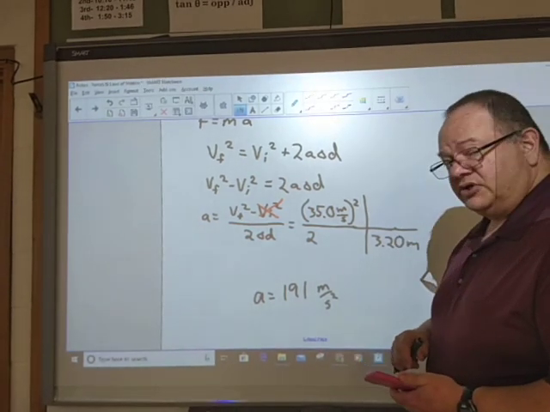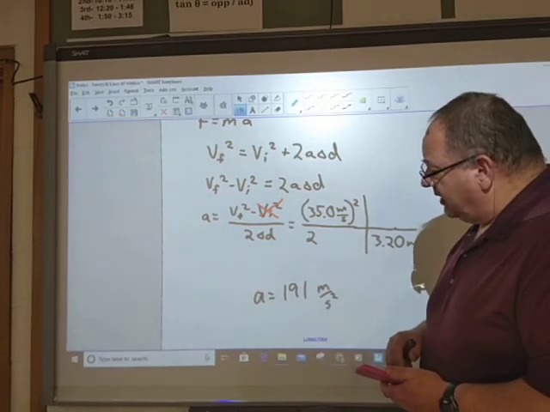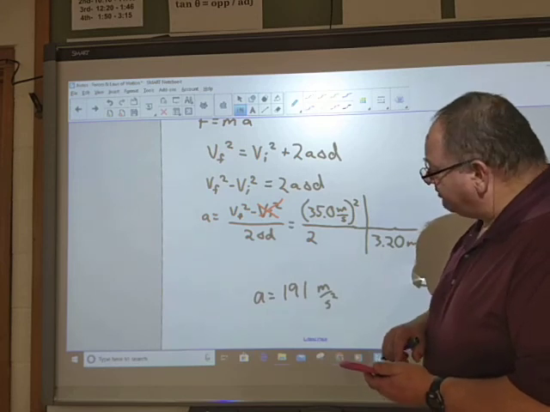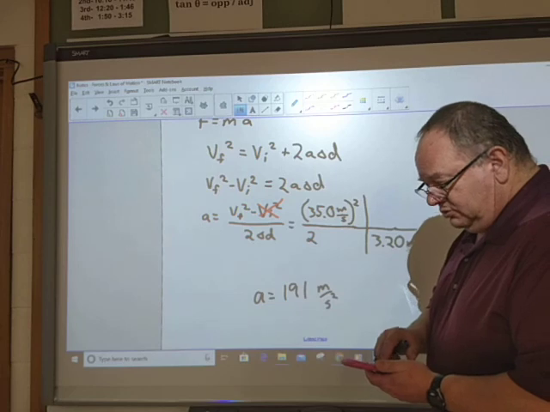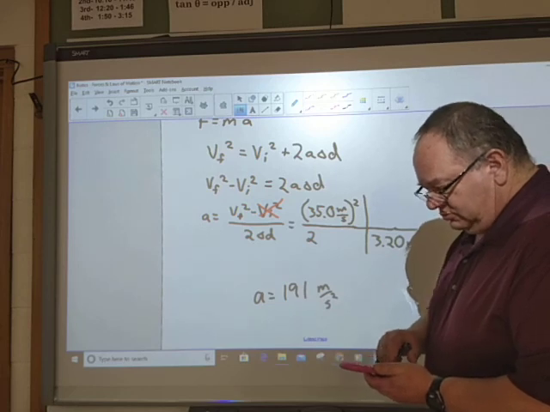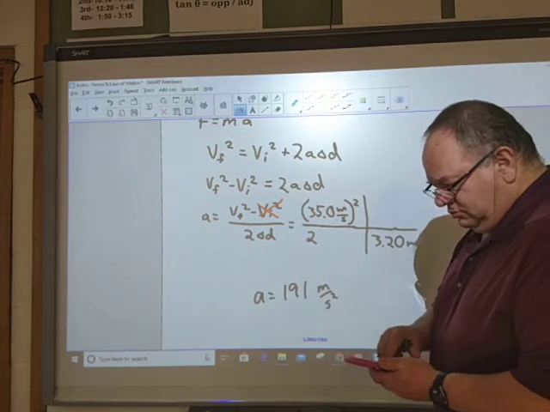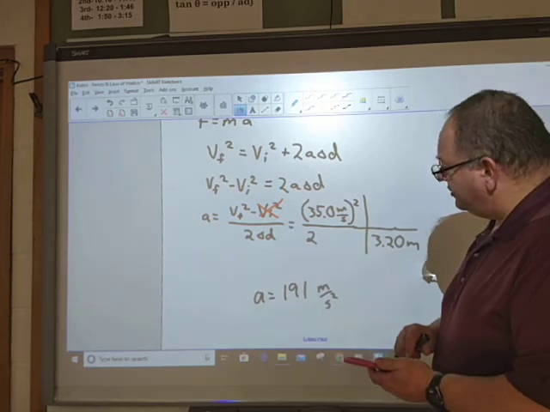Now, a pitcher accelerating a ball, I'm guessing is going to be a very big acceleration. But I'm going to double check my math because it does seem very large. Yep, I don't see a problem with it.